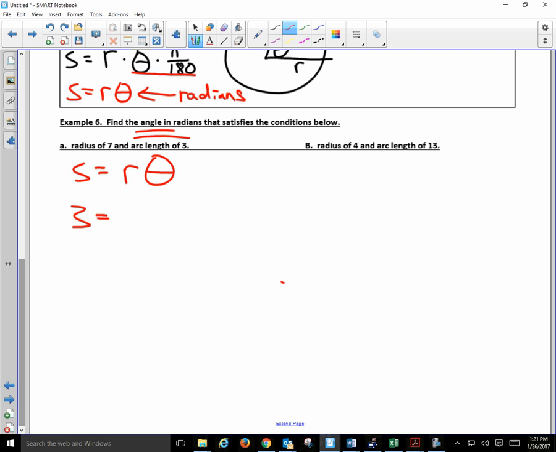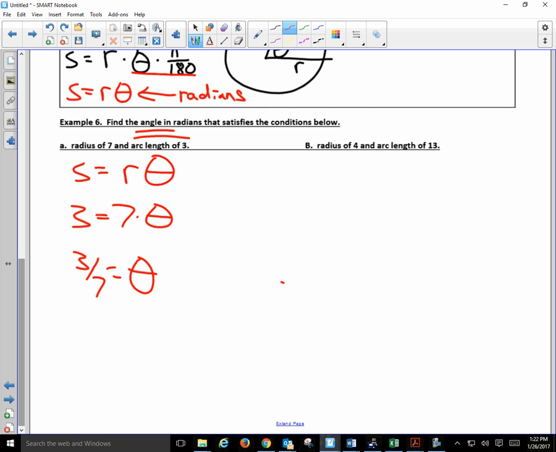What's R? How do I find theta? Divide by 7. So 3 over 7 is equal to theta. So 3/7 is your radian measurement. That's your angle. So that relationship is very easy to see.